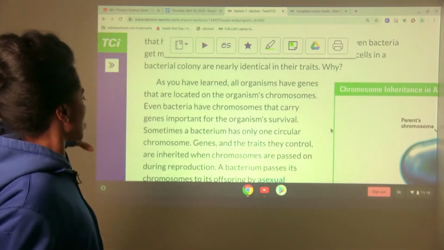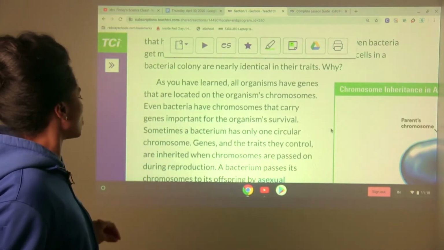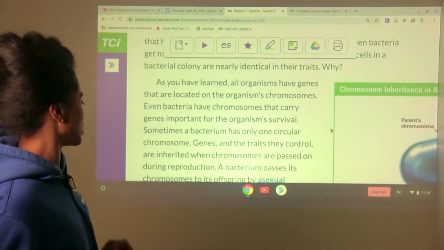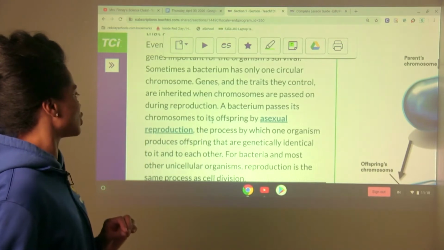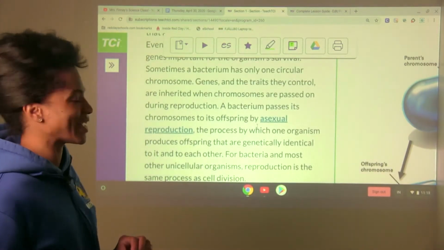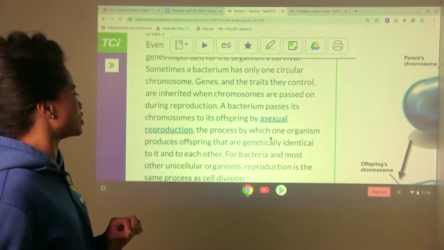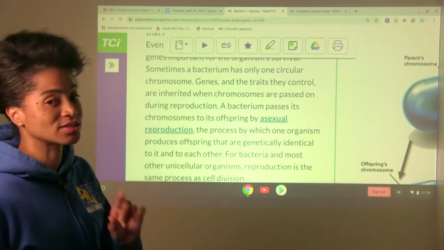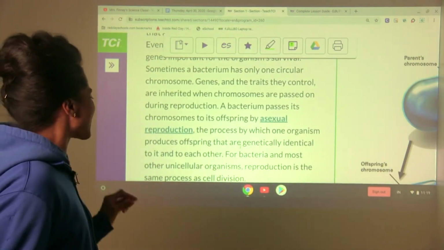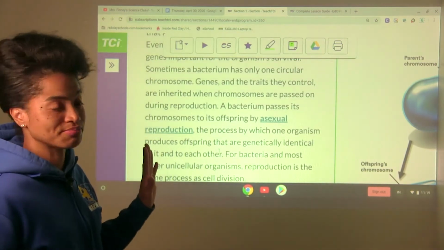Genes and the traits they control are inherited when chromosomes are passed on during reproduction. A bacterium passes its chromosome to its offspring by asexual reproduction, the process by which one organism produces offspring that are genetically identical to it and to each other.